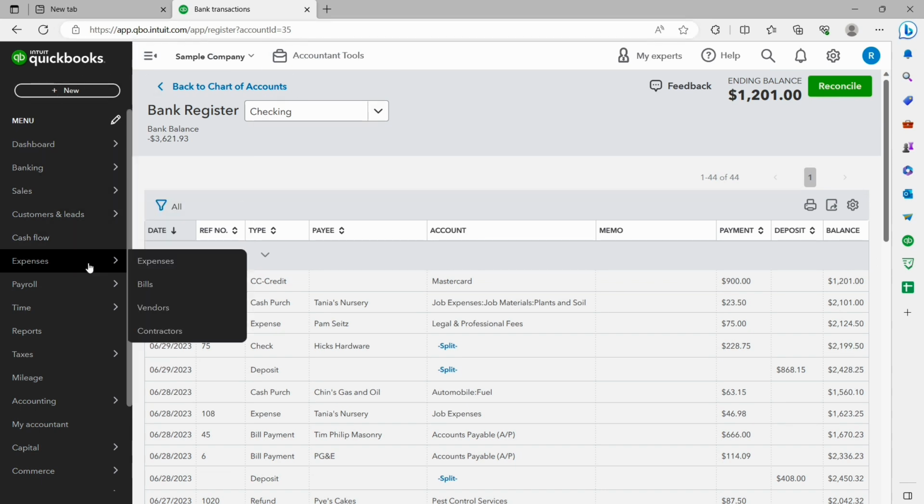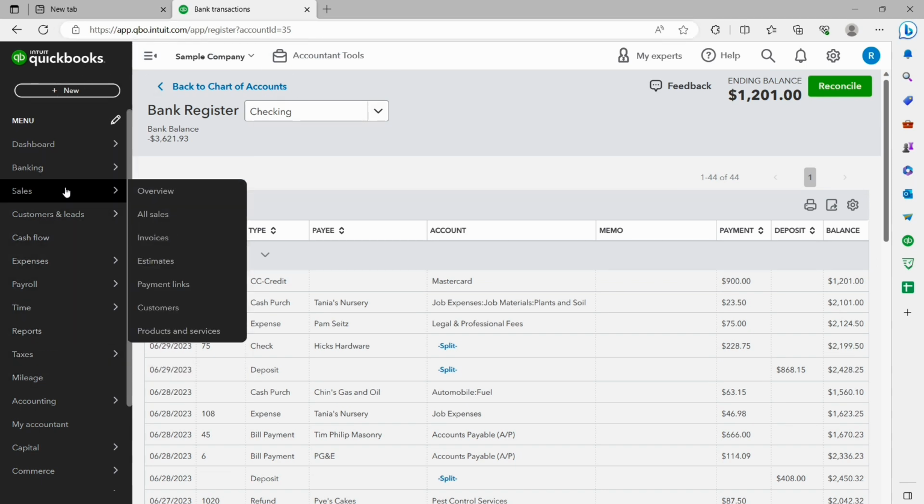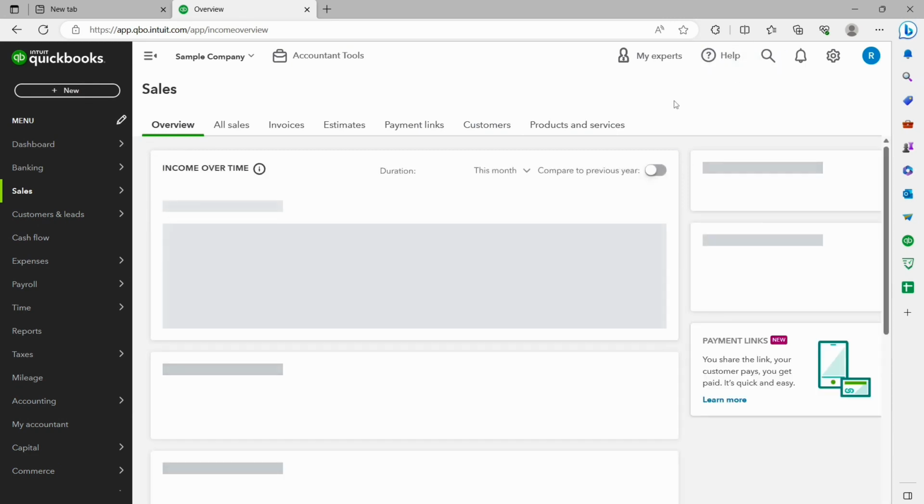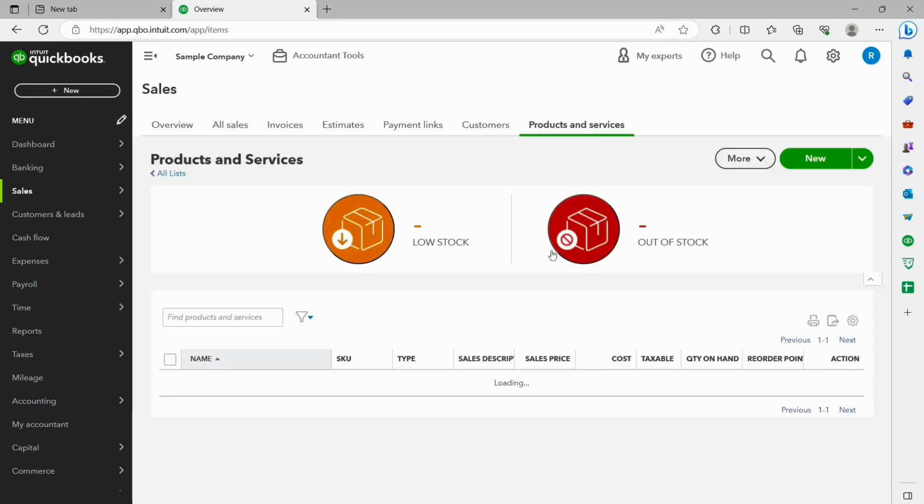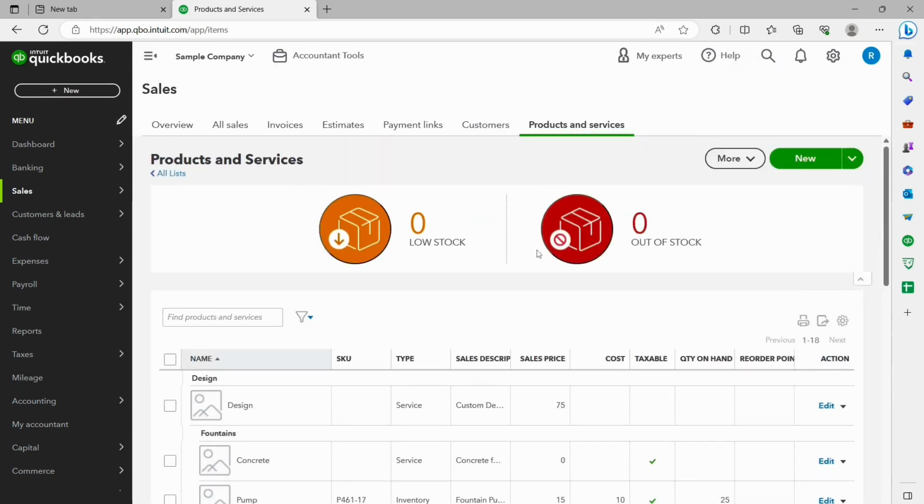Let me see what else I want to show you. Go to sales here, products. Usually if you have a company, either you sell a product or a service. Product, let's say you buy t-shirts and you resell, that's a product.